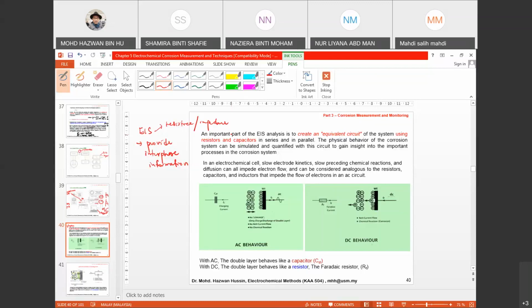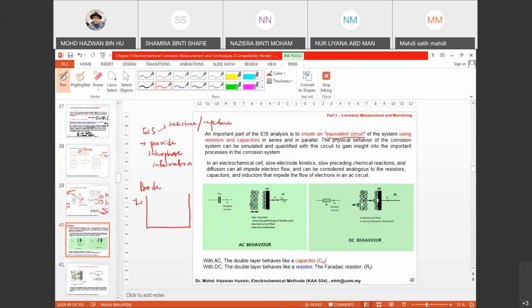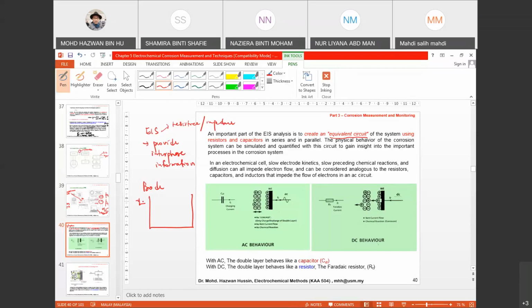Then you know that for an unknown sample, I actually have a coating layer, a passive layer, or other things. An important part of EIS analysis is to create an equivalent circuit. The data that you will get in EIS is modulus Z versus frequency, and also phase angle, phi or theta, versus frequency.